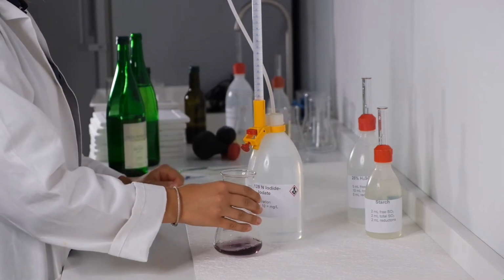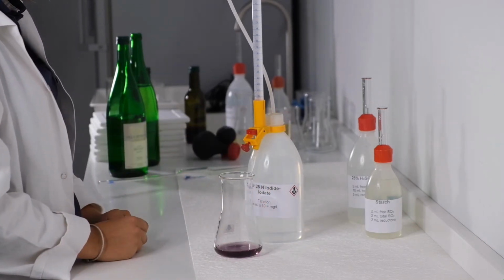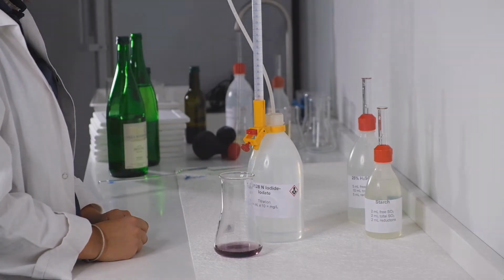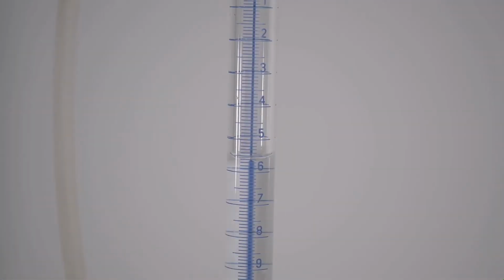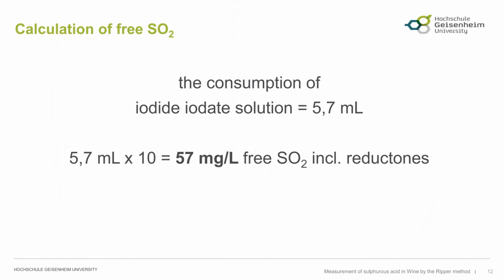The blue staining must remain for 10 seconds. In this case we used 5.7 ml iodine solution. The consumption of iodine solution in milliliter multiplied by 10 corresponds to the content of free SO2 in milligram per liter. So we get the result of 57 milligram free SO2 per liter including reductones.